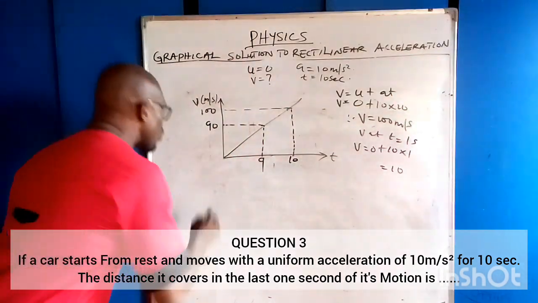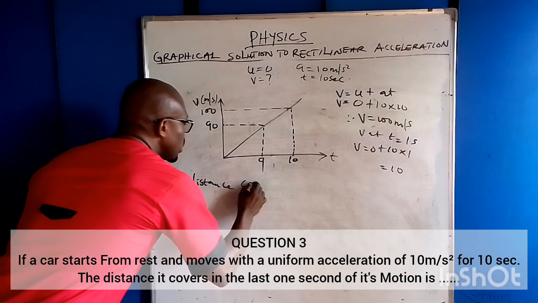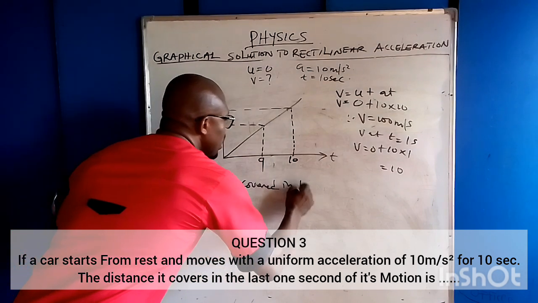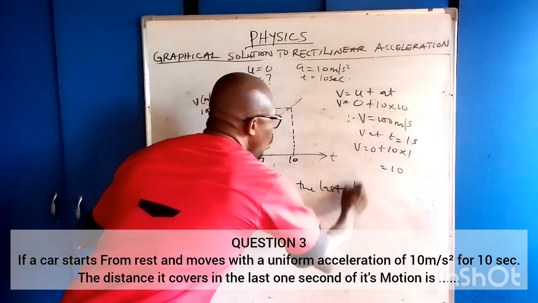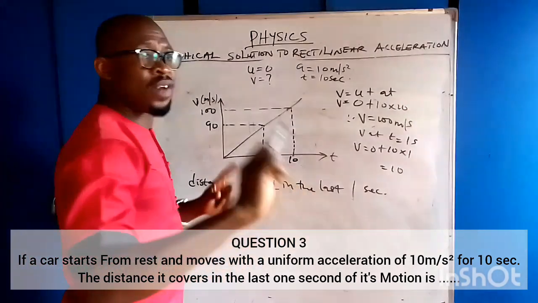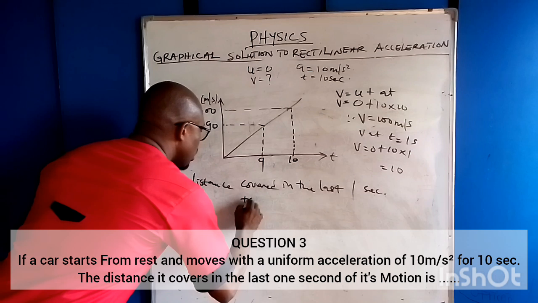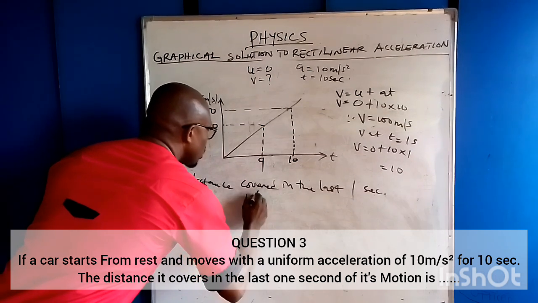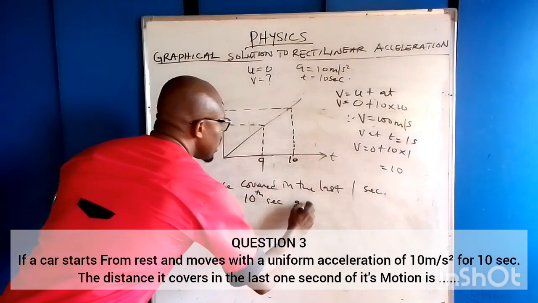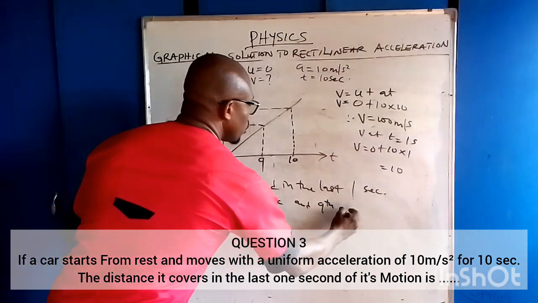So when I say distance covered in the last 1 second, it is the difference between the 10th second and the preceding one, which is the 9th second.